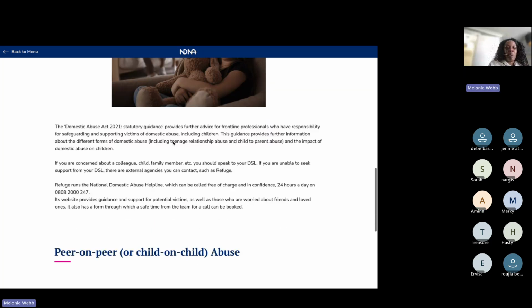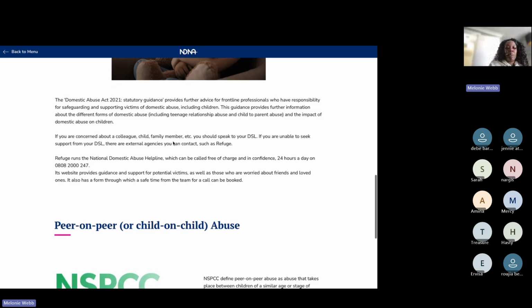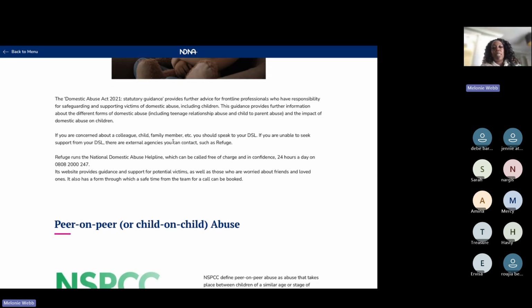Thank you. That's okay. So the Domestic Abuse Act 2021 statutory guidance provides further advice for frontline professionals who have responsibility for safeguarding and supporting victims of domestic abuse, including children. The guidance provides further information about the different forms of domestic abuse and the impact of domestic abuse on children.